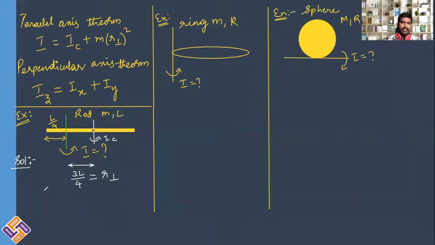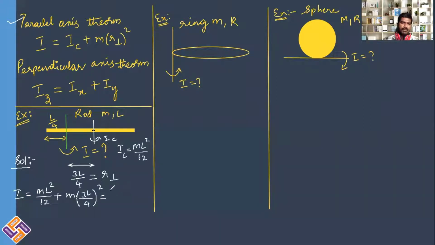Now I want to calculate the moment of inertia, so I can use the parallel axis theorem. It states that I is equal to IC plus M R perpendicular whole square. So what is the moment of inertia with respect to the axis about the center? It is ML square divided by 12. Already we have derived this. Plus the total mass of the rod, which is m, and R perpendicular is equal to 3L divided by 4 whole square.